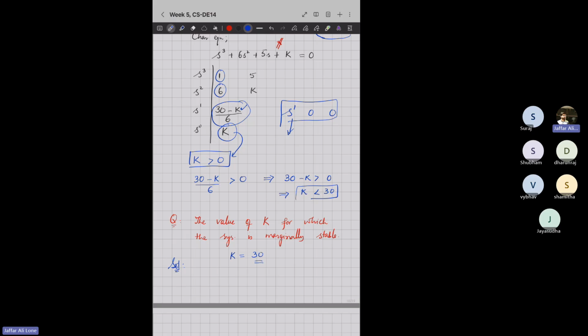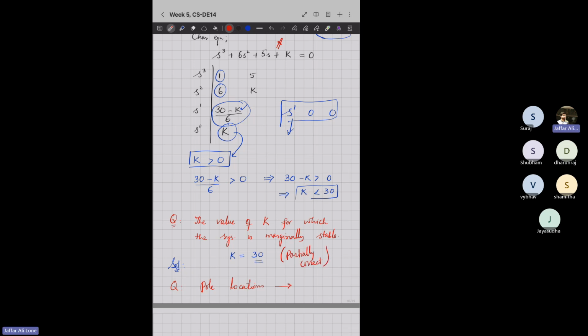But my question is, at this value of K, where my system is marginally stable, can you find the pole locations? Because this answer is only partially correct.